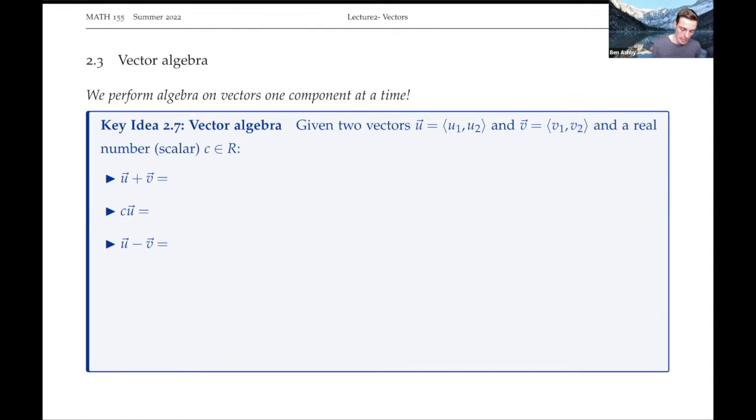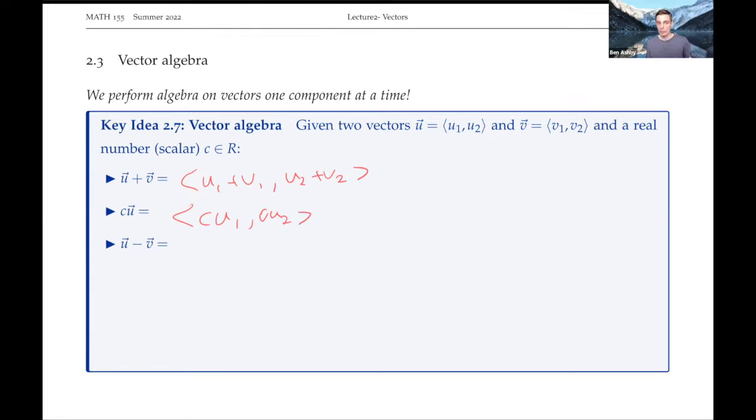then u plus v is just going to be equal to u1 plus v1 and u2 plus v2. So we're just adding the different components together, and we're doing that independently. If we've got some scalar times u, well, we just multiply the individual components, so c times u1, c times u2.